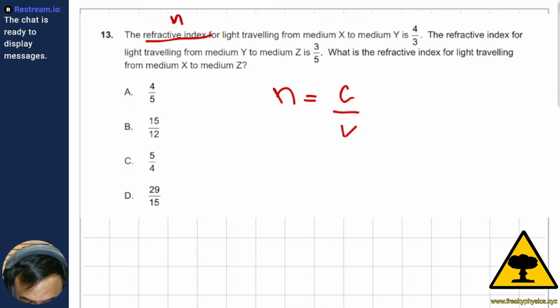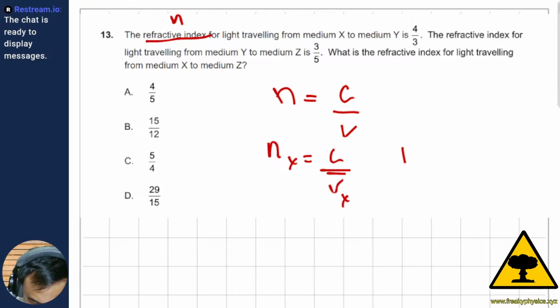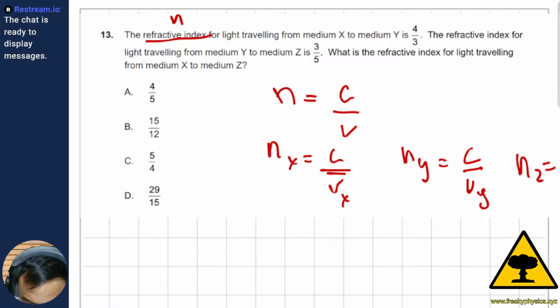So what we're going to do now is nx would be equal to c over vx, let's just label it like this, and ny is equal to c over vy, and then nz will be equal to c over vz, right? You can already see that because they all have this common term c, they can cancel out.